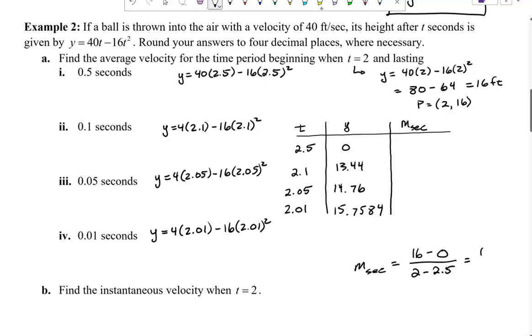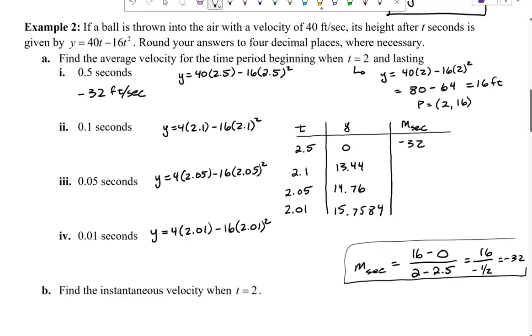When we do that, we get 16 over negative 1/2, which is negative 32. That is the average velocity in feet per second between the times t equals 2 seconds and t equals 2.5 seconds. We now repeat this for the rest of the values. Go ahead and pause the video, do that on your own, and I'll fill in those values in a moment.